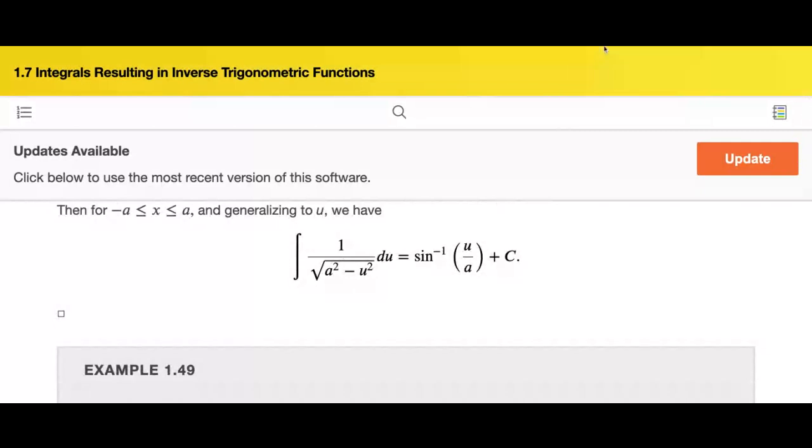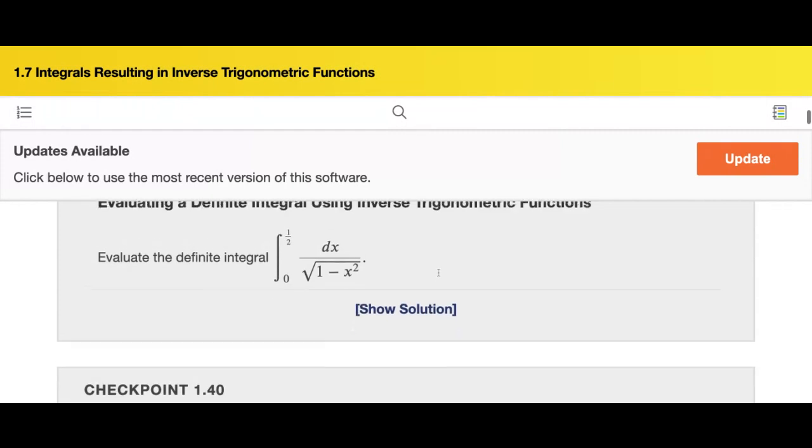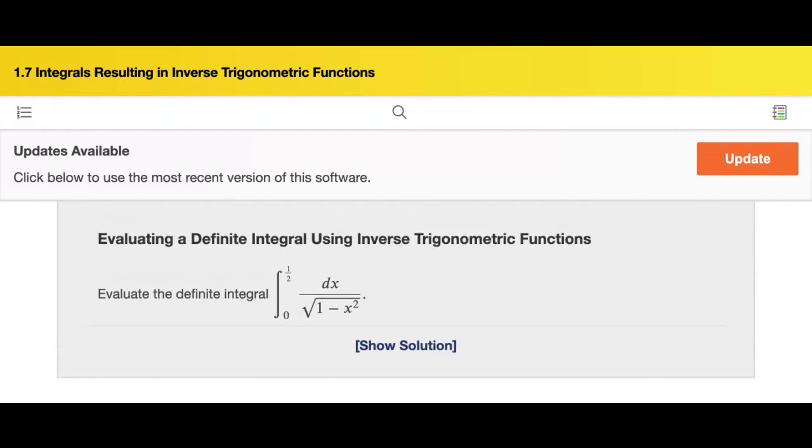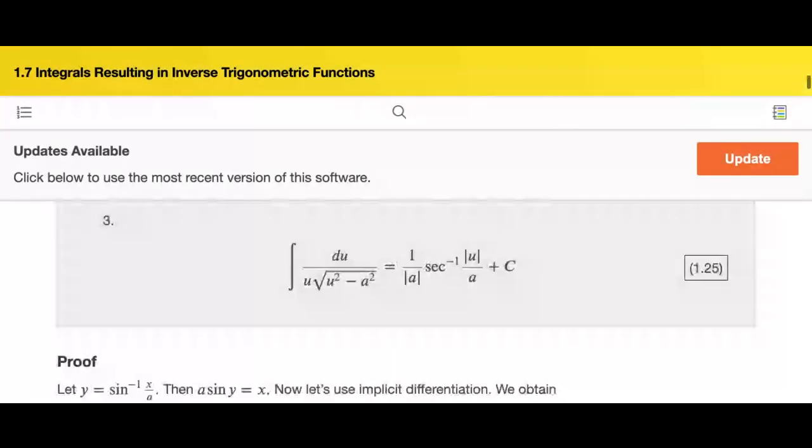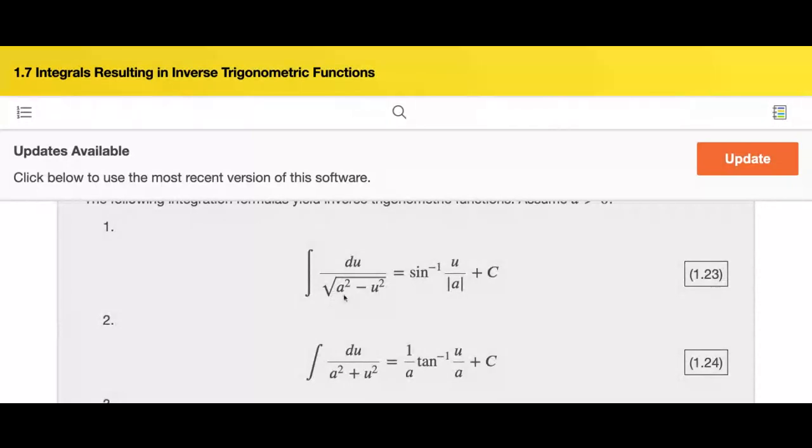Okay, so we're not going to prove this, but let's see some examples. Let's see this example. We're evaluating from 0 to half the integral of 1 over square root of 1 minus x squared. So we have the square root of a squared minus u squared.